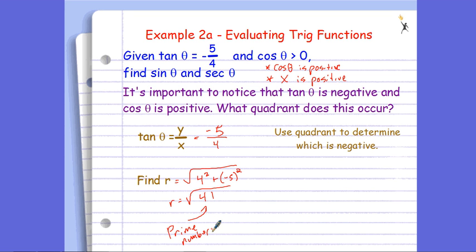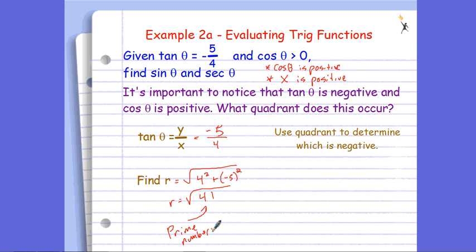They're not factorable. Their only factors are what? 1 and itself. So 41 is one of those numbers. Give me another example of a prime number. 13, 3, 7. You guys understand, right? So if it's those numbers, don't even try. Okay? So my r is going to stay square root of 41.